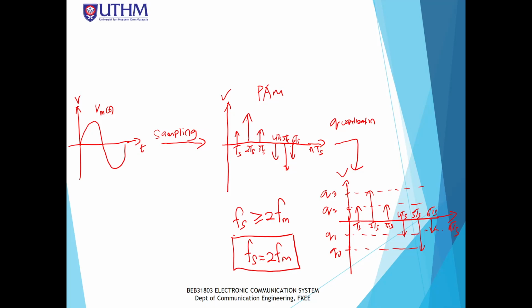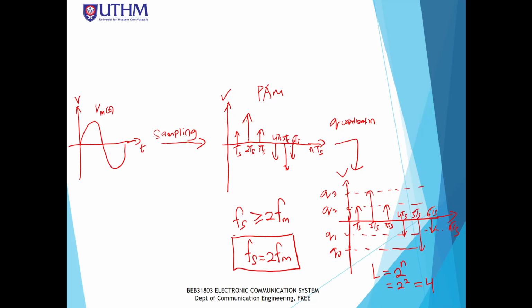And remember, the number of levels of quantization is equal to 2 to the power of n, where n is the number of bits used in the system. In my example, I'm using 2 bits so that I can produce 4 levels.